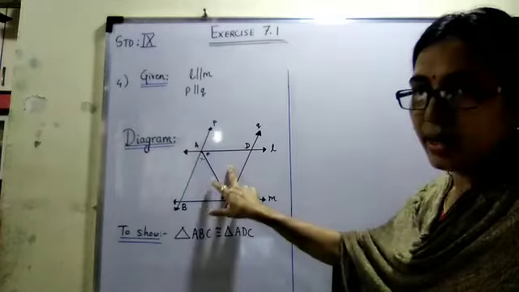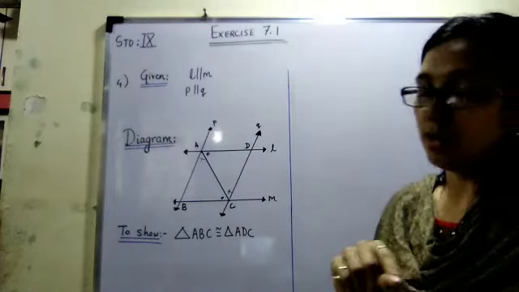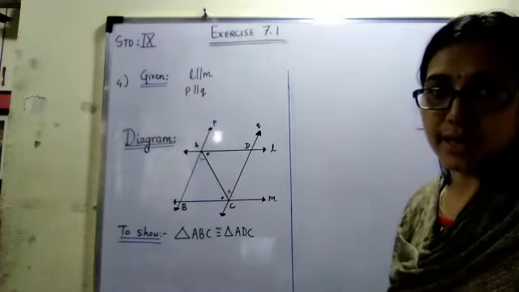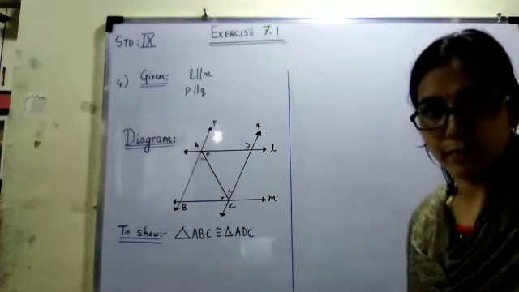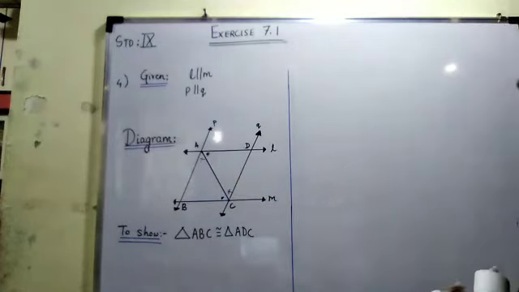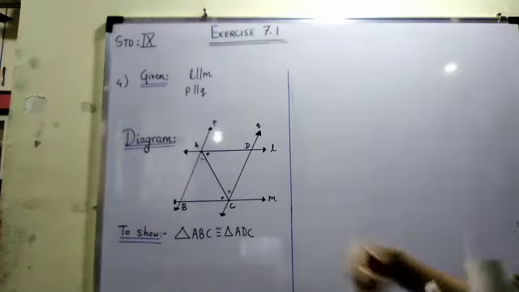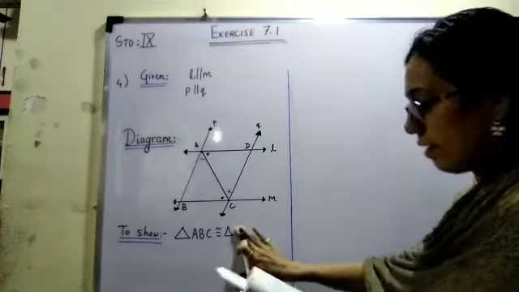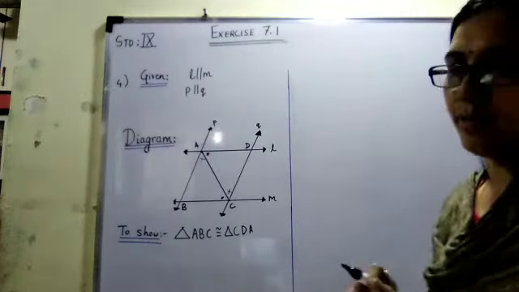So in these two triangles, two pairs of angles are congruent. We need to show the included side to be congruent. If we see carefully, this included side is AC, which is common. Hence, we can prove the two triangles to be congruent by angle side angle. So here we have to prove ABC congruent to CDA, correspondence to be written properly.